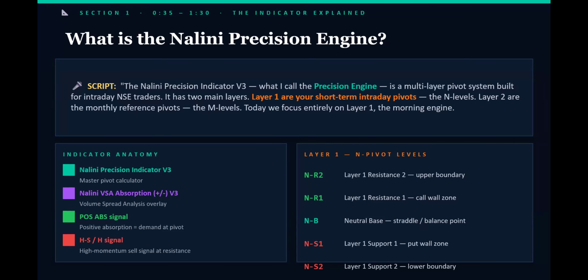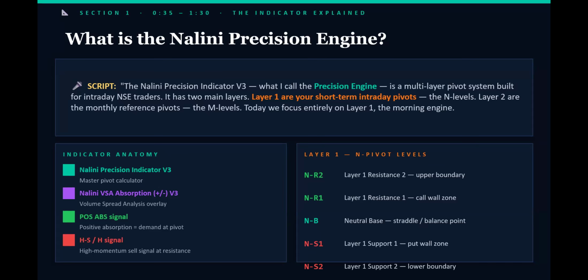Nalini Precision Engine is a multi-layer pivot system built on rolling pivots for intraday traders. NSE traders, you can utilize it for Bank Nifty, Sensex, for everything. It is universal, you can use it even for stocks.